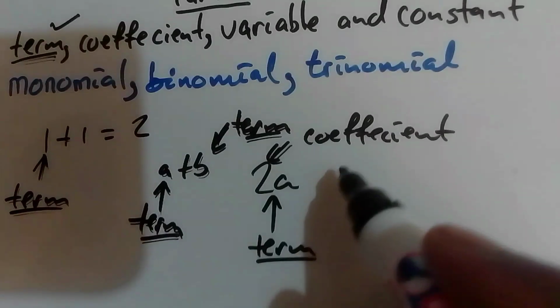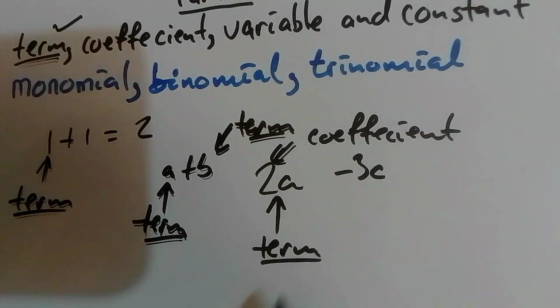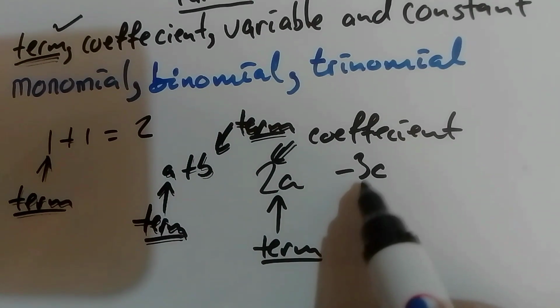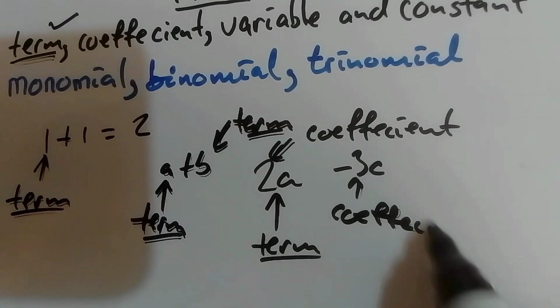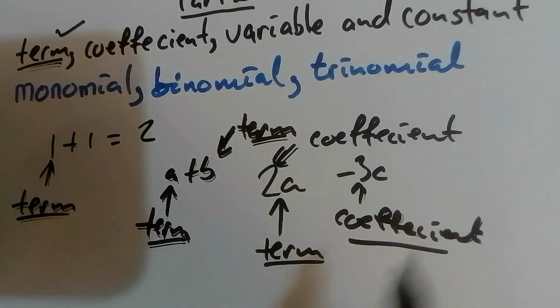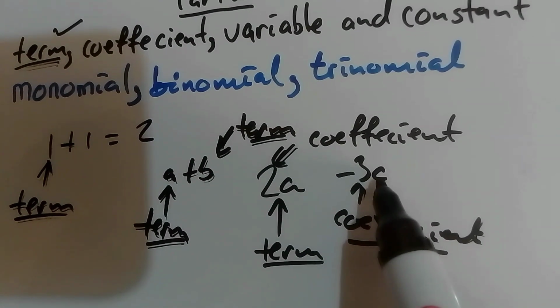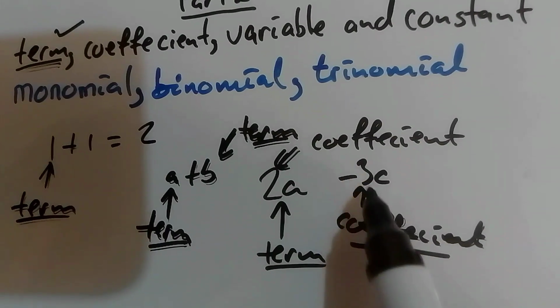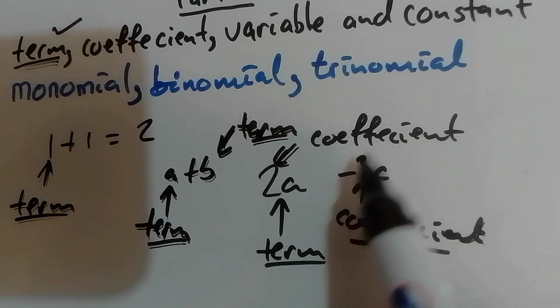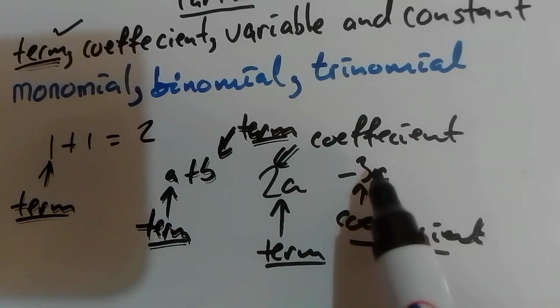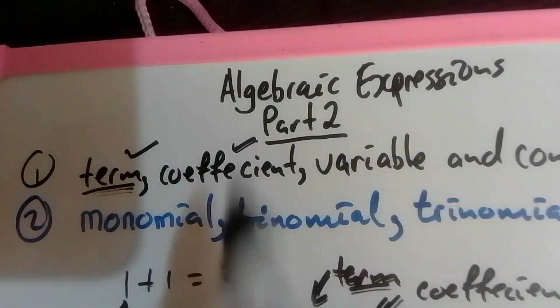So if I write negative 3c here, my negative 3c, this is my coefficient. So any number that is attached to a letter and comes before the letter, it will always be before the letter, that is what you call a coefficient. All right, we are done.